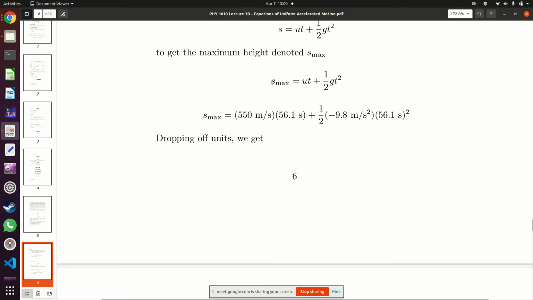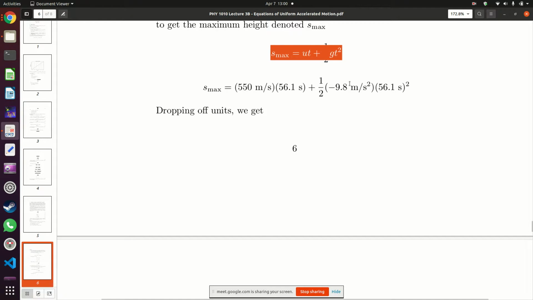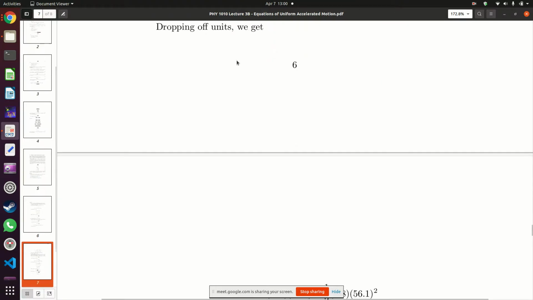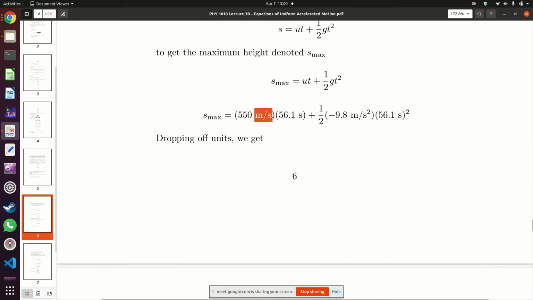So that's our way we're going to find the maximum height. We substitute 550 meters per second, then the time to reach maximum height, the rise time, 56.1 seconds, plus half, then minus 9.8 meters per second squared, then 56.1 seconds squared. Then we proceed to drop off these units to make life a bit easy for ourselves.